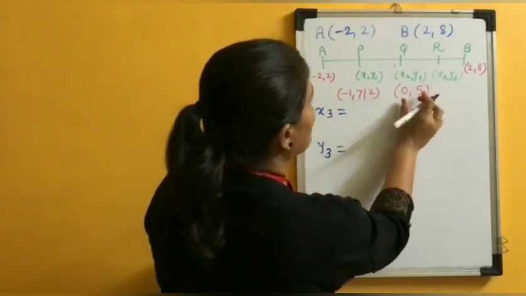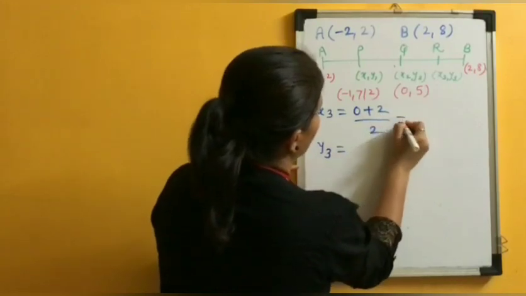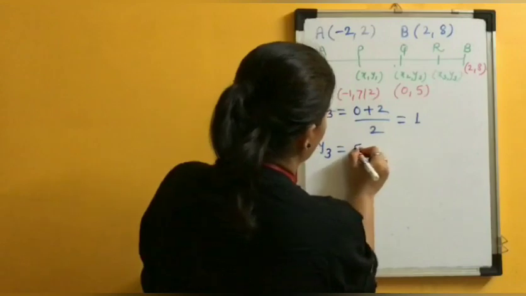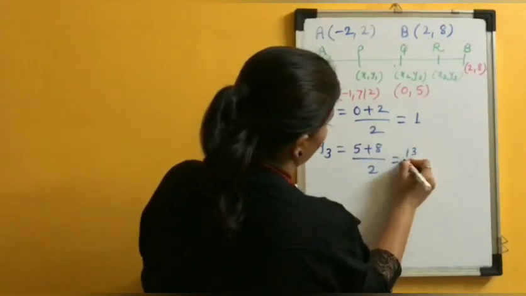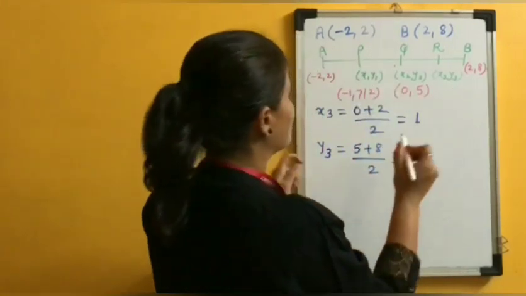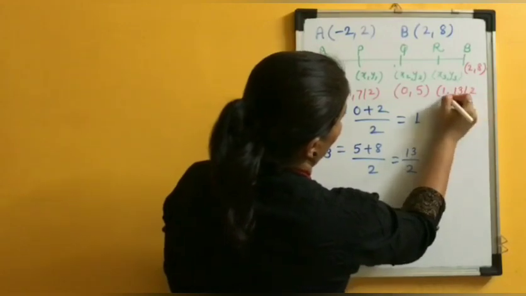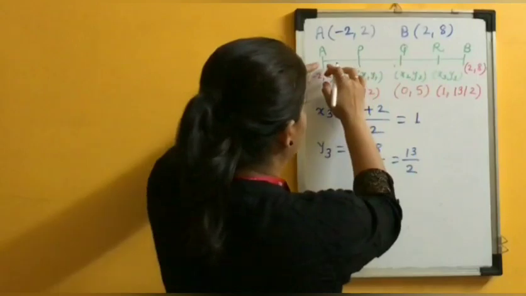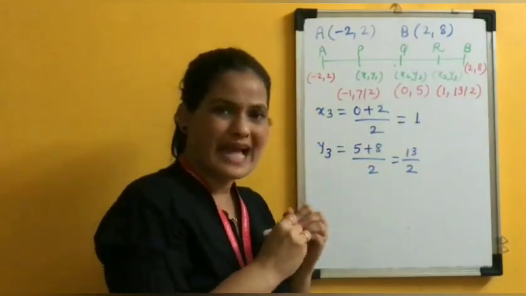So x3 is (0 plus 2) upon 2, that means 2 by 2 is 1, and (5 plus 8) upon 2, that means 13 by 2. That means point R is (1, 13/2). So these are the 3 required points which divide segment AB into 4 equal parts. Thank you friends.